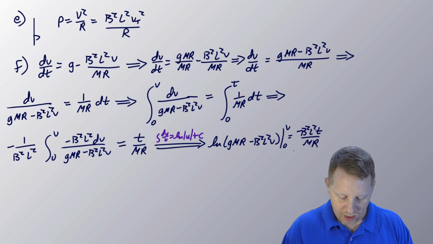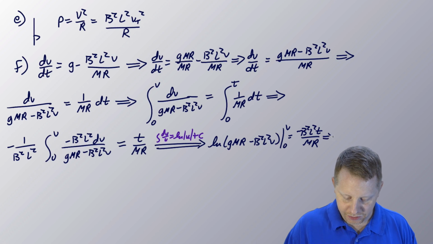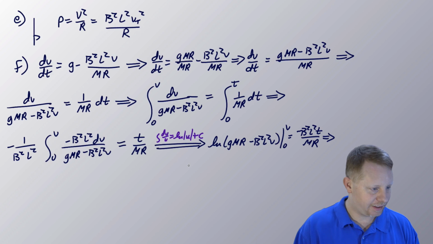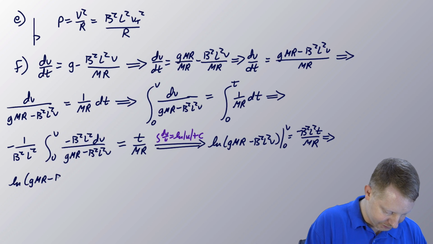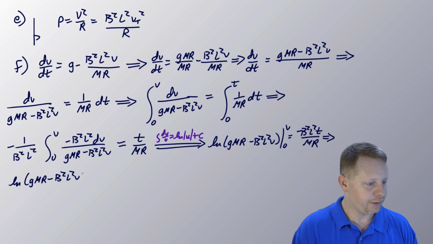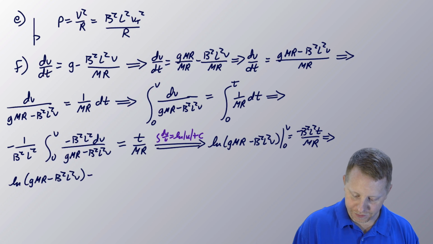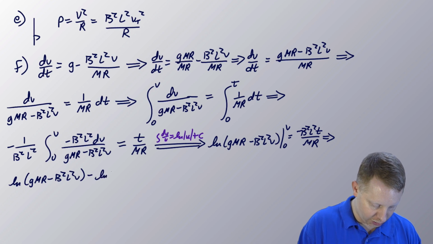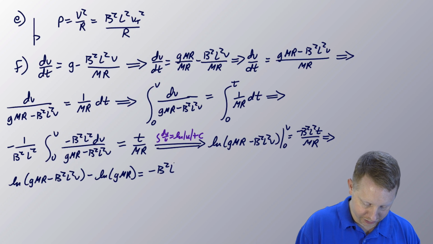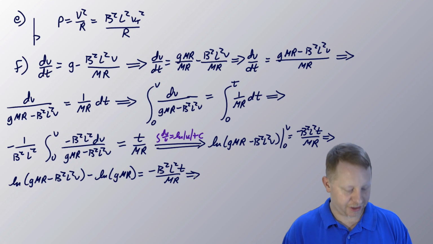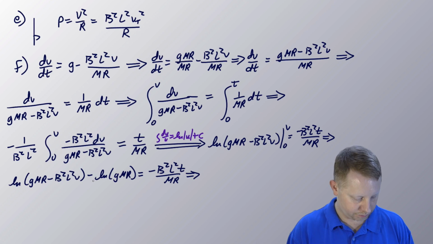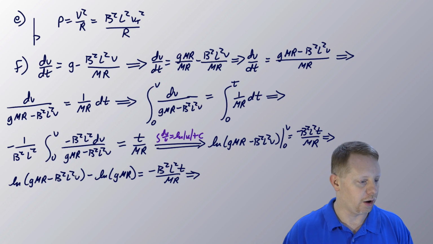Okay, so now we need to do something over here with this piece. We've got to evaluate it from 0 to V. So this implies then that the natural log of G capital M capital R minus B squared L squared V, when we evaluate it at V, minus all of this when we plug in 0 for V, which will be minus the log of G capital M capital R, equals our right-hand side, minus B squared L squared T over MR. All right, which implies then, well, the log of a difference is the log of the quotient, excuse me.